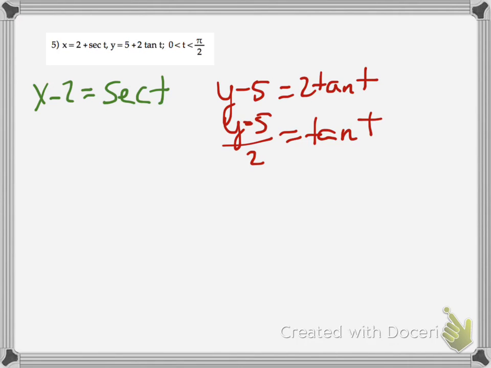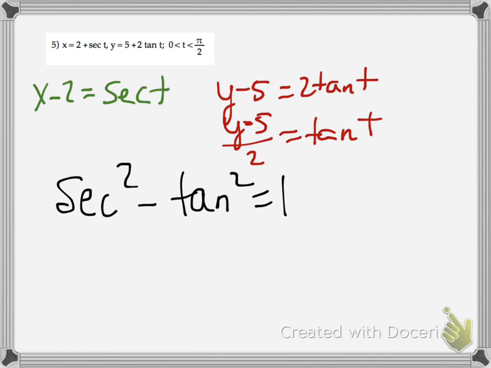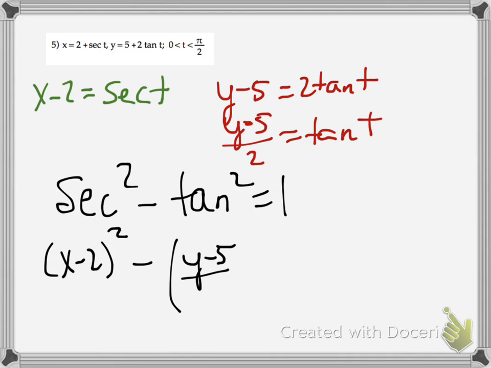And again, same Pythagorean identities that we've been using, so we're just going to use secant squared minus tangent squared equals 1. And plug in what we got. We got an x minus 2 for secant, quantity squared, minus, for our tangent, we have a y minus 5 over 2, quantity squared equals a 1.